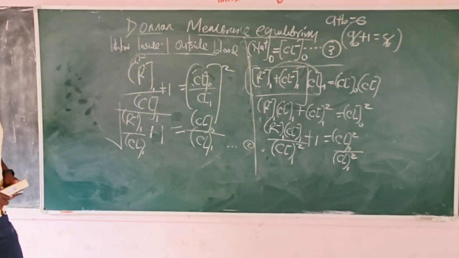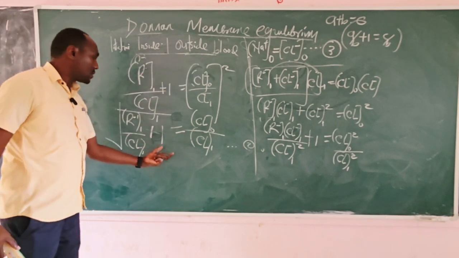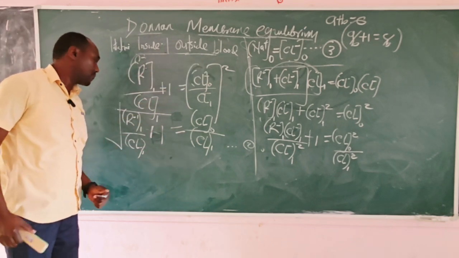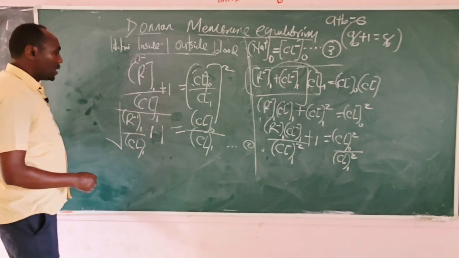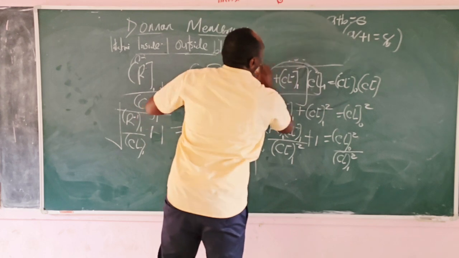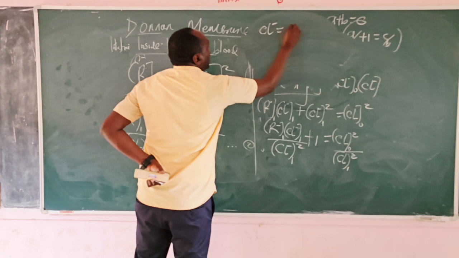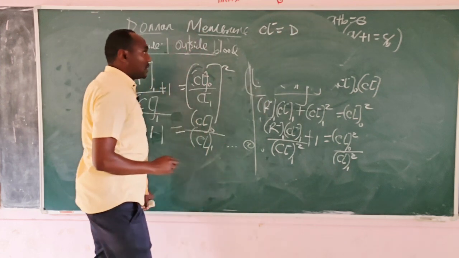Okay, have you understood up to that point? I think you have followed it very well. Up to this point, I think you got it now. Now, suppose, for example, we said like this, that chloride, we represent it as D, drug.